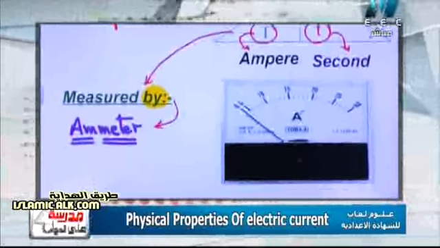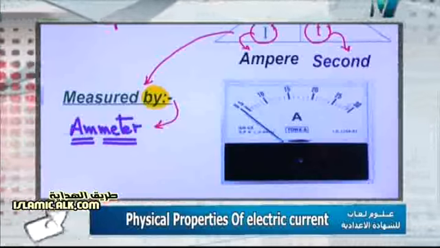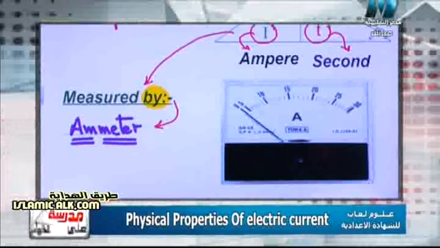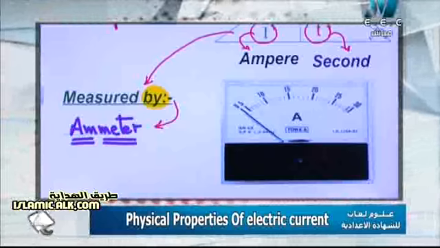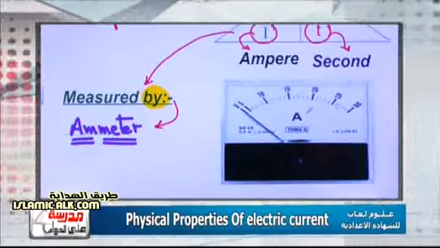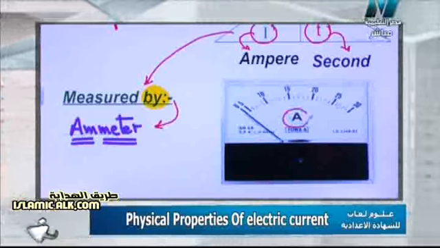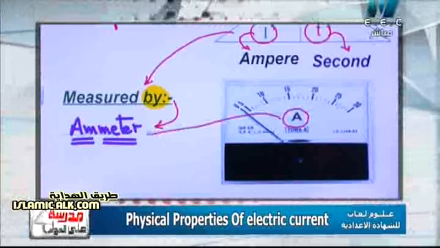We have a pointer to show the amount of electric current intensity. And the symbol of this device is A, which means ammeter.